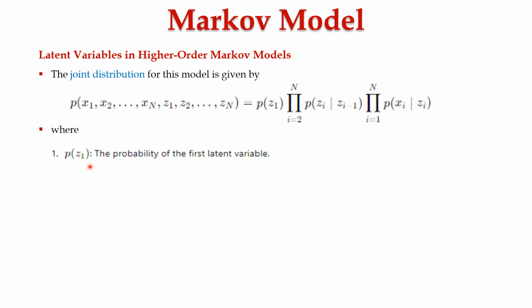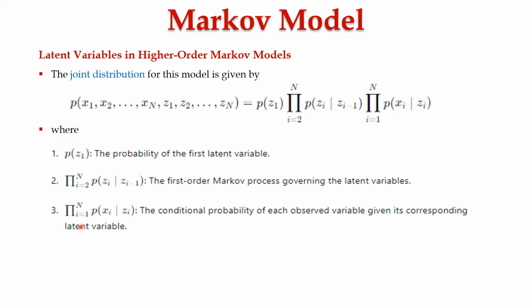Here, probability of z1 is nothing but the probability of the first latent variable, and the product from i equals 2 to n of probability of zi given zi minus 1 is nothing but the first order Markov process which governs the latent variables. Similarly, the product from i equals 1 to n of probability of xi given zi is the conditional probability for each observed variable given its corresponding latent variable.